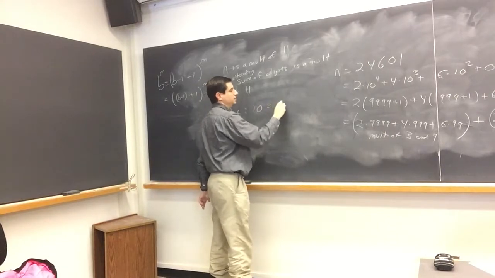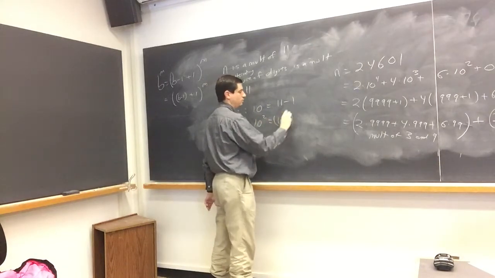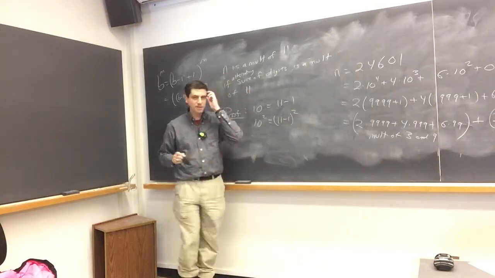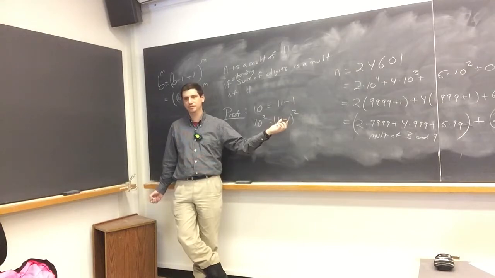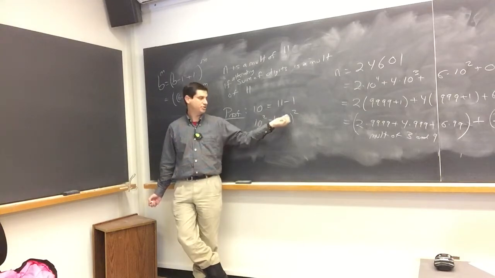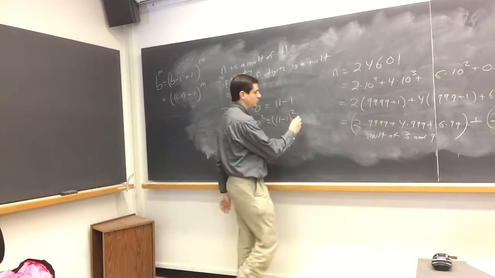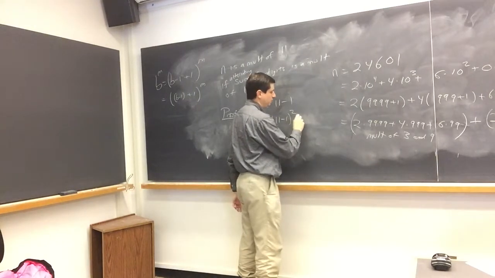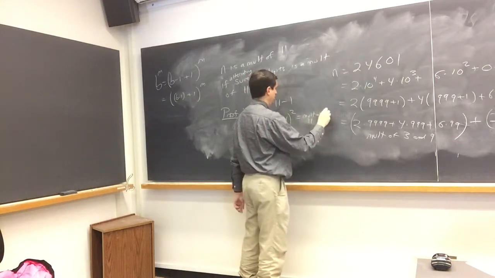So 10 is 11 minus 1. So 10 squared is 11 minus 1 squared. And when you expand this out with the binomial thing, I only care about the part that's not a multiple of 11. I'll get 11 squared minus twice 11 times 1 plus 1 squared. So this is basically going to be equal to a multiple of 11 plus 1.